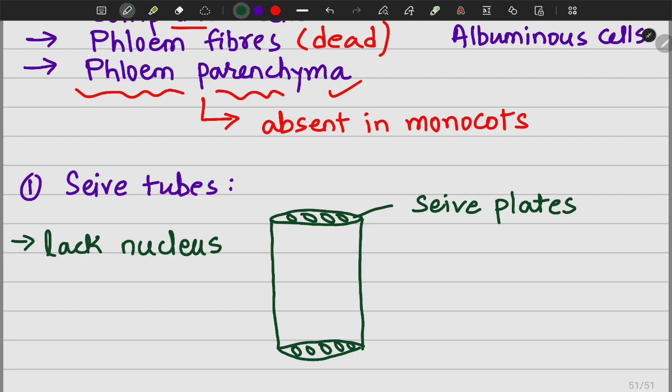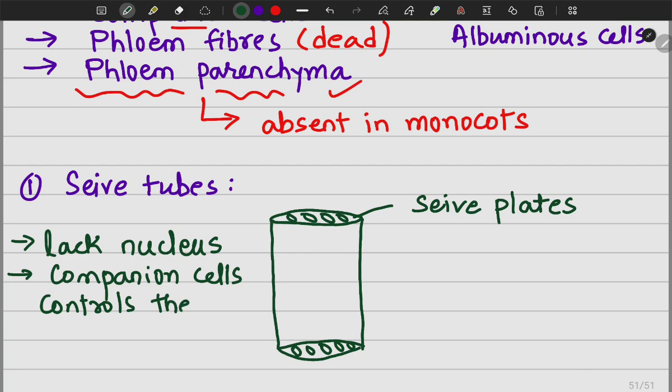What happens is the companion cell, which is the other type of cell found in the phloem, associates with the sieve tubes and controls the functions of sieve tube elements or sieve tube cells.